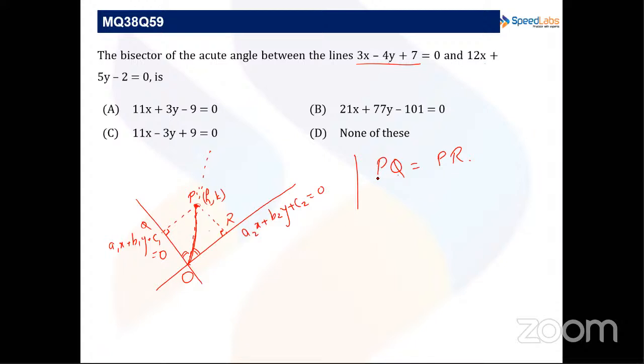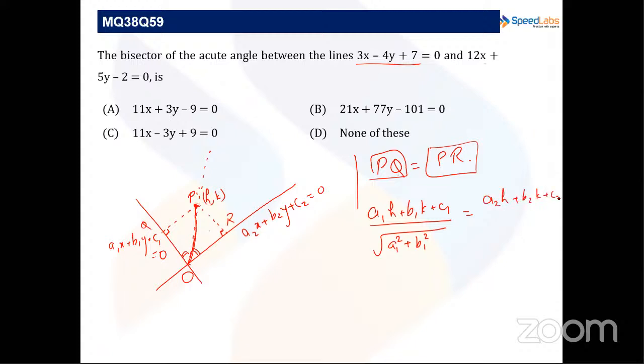Now we already know if PQ we take, then it will be a1h plus b1k plus c1 upon under the root a1 square plus b1 square. And for PR, it will be a2h plus b2k plus c2 upon under the root a2 square plus b2 square. But we will take mod both the sides because we are taking out the distances.